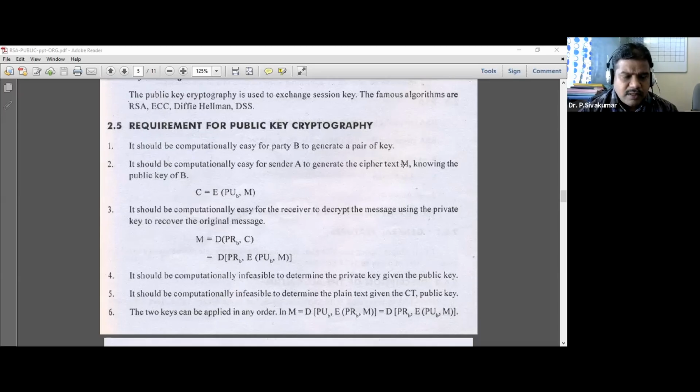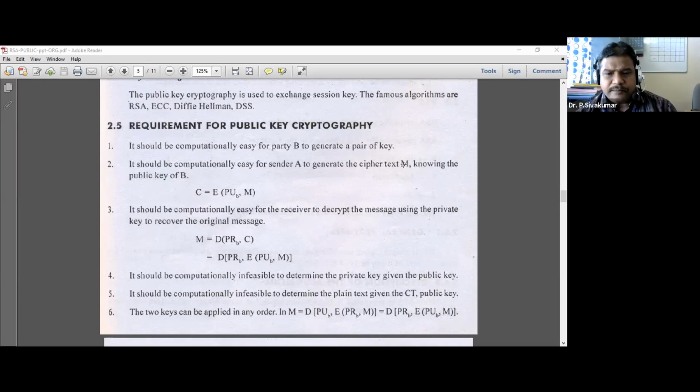The third requirement is that it should be computationally infeasible to determine the private key given the public key. The public key is available commonly in a registry, so any valid user, that means any authenticated user in the organization, can go and get the public key from the repository.